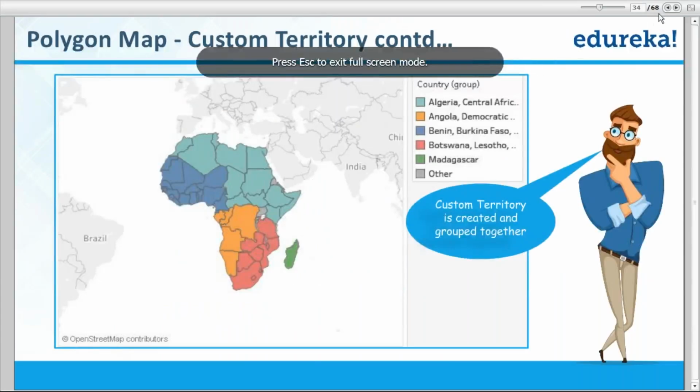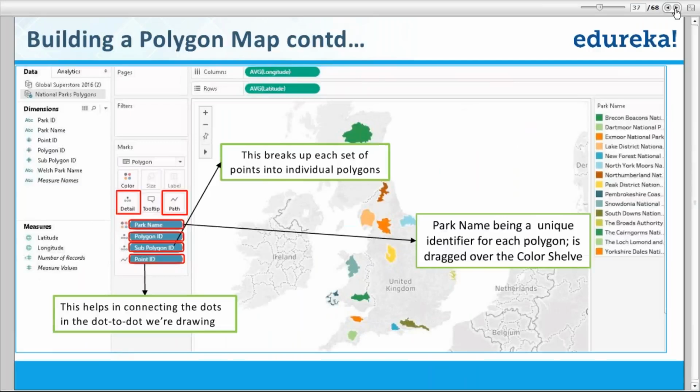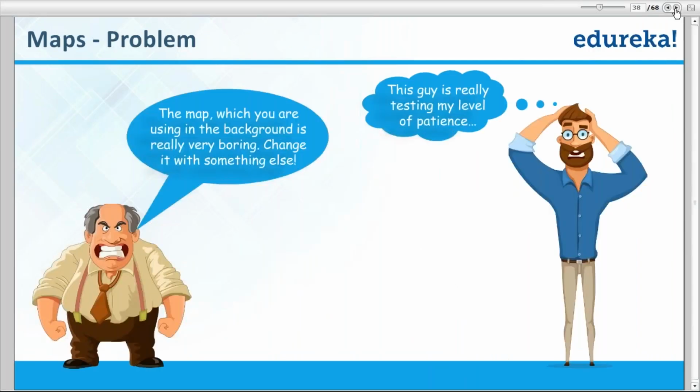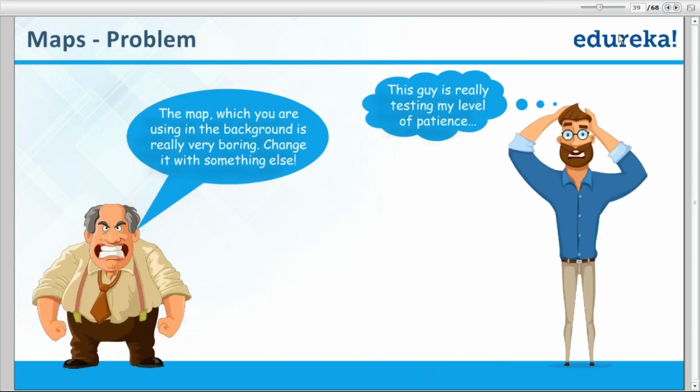We saw polygon maps in the last class. We tried creating a polygon visualization, and I explained what the point ID and polygon ID are about and how to create that. Now, coming to this part, this is the question our CEO was asking. He says the maps we have created have a very boring background, because we have only 2 maps.